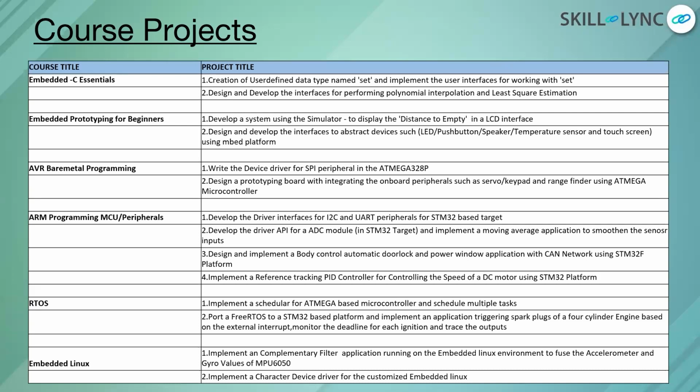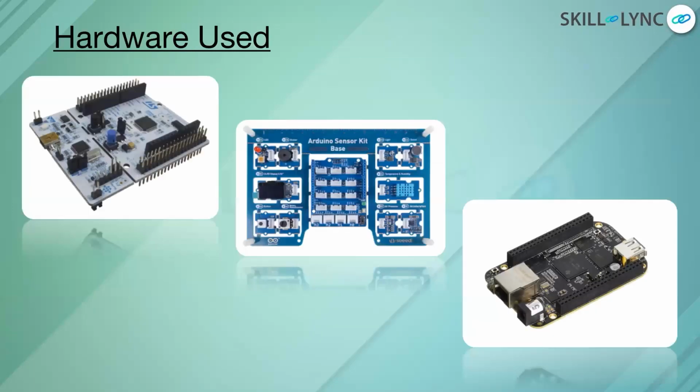At the end, if you have a proper embedded portfolio developed, you will have around 10 to 12 projects, or 10 to 20 projects, as part of your CV. And you can use low-cost hardware when you want to learn embedded systems on your own.